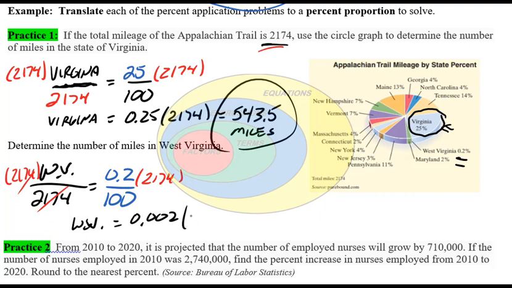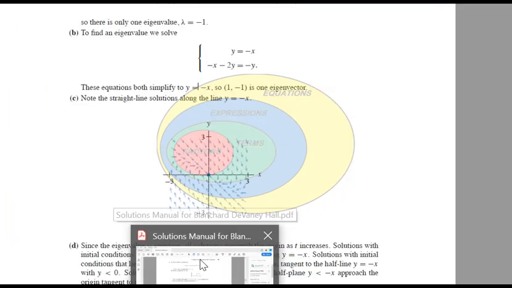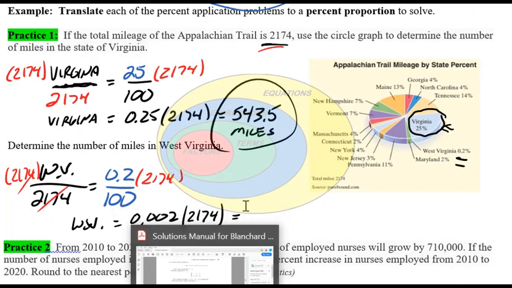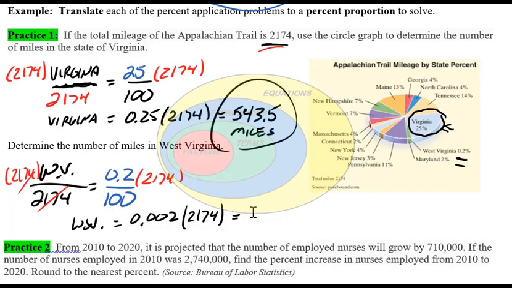And then if I multiply that by 2174, on my calculator I get 4.35. So it's such a small percent, only 4.35 miles of the trail go through West Virginia.